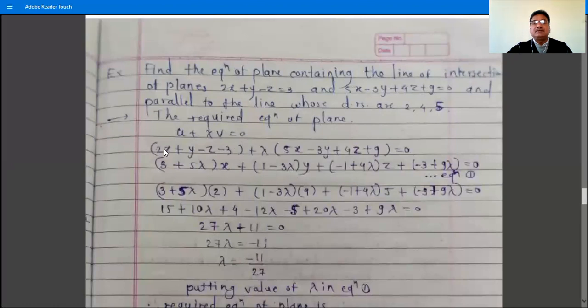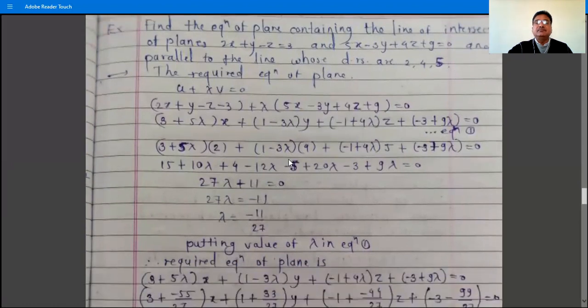The coefficient of x is 2 plus 5 lambda x. Then the coefficient of y is 1 minus 3 lambda y. And the coefficient of z is minus 1 plus 4 lambda z. And the constant is in brackets minus 3 plus 9 lambda is equal to 0. This is equation star.